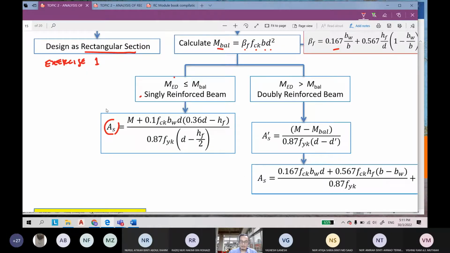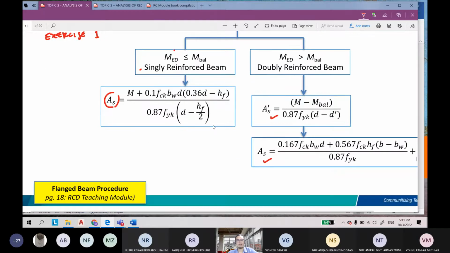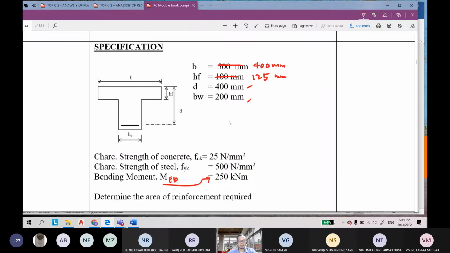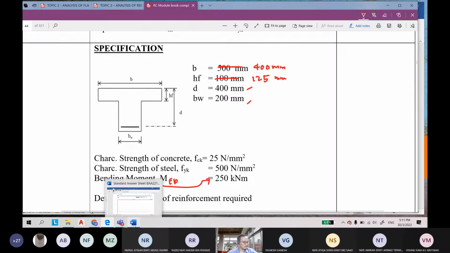If the design moment is greater than M balance, compression reinforcement is required, calculated using this equation, before the area of steel for tension is calculated from these equations. Then you check AS minimum and AS maximum as in exercise 1. So let's do this example first.